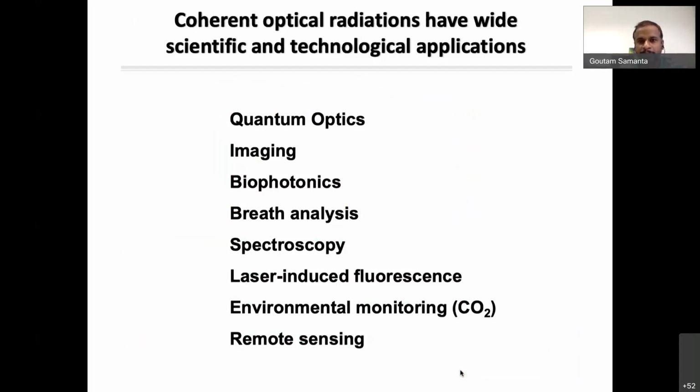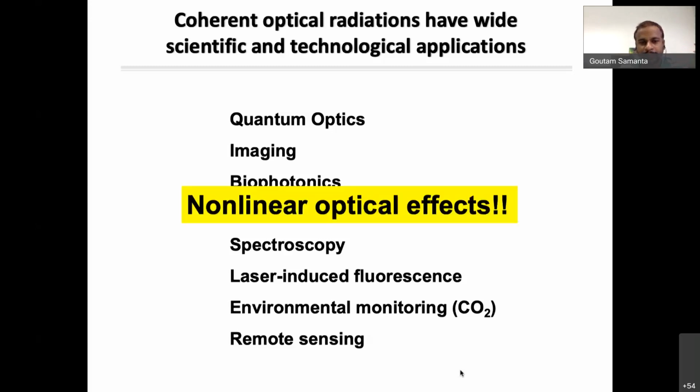Each of these fields has a need for a particular wavelength. Since laser action is not available in all desired wavelength ranges, but the application demands such wavelengths, a new field was born: the nonlinear optical effect. This is the effect which can produce them.